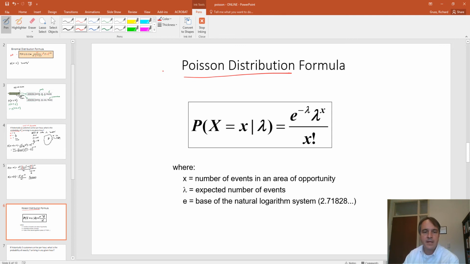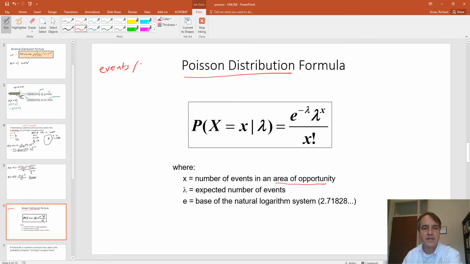Now, much like with binomial, where we had a certain number of key terms that allowed us to identify when a problem was a binomial problem, so that is the n trials, the certain number of successes, and the probability, the key terms for a Poisson distribution are that we're looking for a certain number of events per, and this is called the area of opportunity.